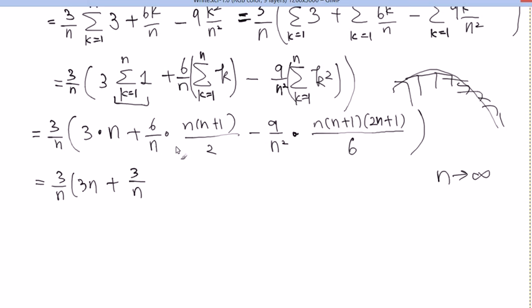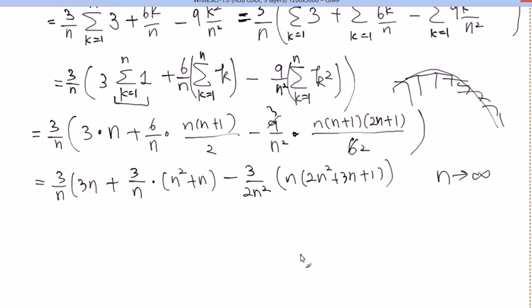All right. So do you see the 3 and 2 and 6 and cancel 3? What's inside there? n squared plus n. Fair enough. How about the other one? Is a 3 and 2? Good. So it's a 3, 2n squared. And here you have to distribute that as n times. If you distribute this one, 2n squared plus 3n plus 1. Then n and n just cancel.